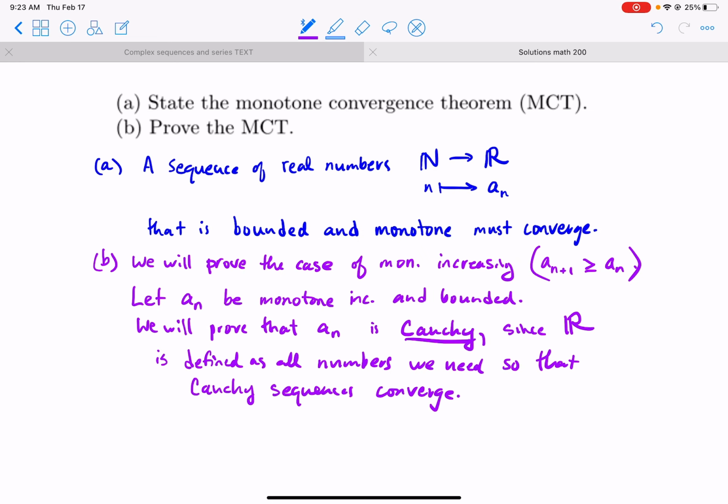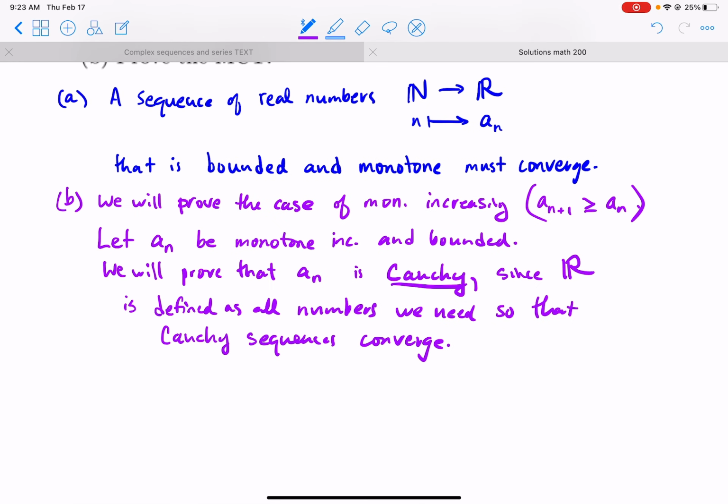So this is the end of the proof. If we can prove that a sub n is Cauchy, then it must converge, just by definition of the real number system. Okay, so how do we prove Cauchy?